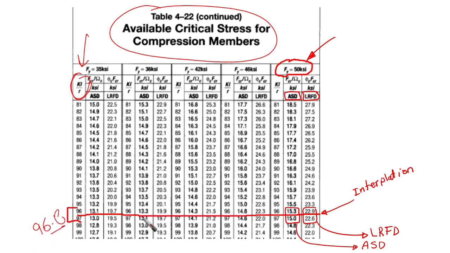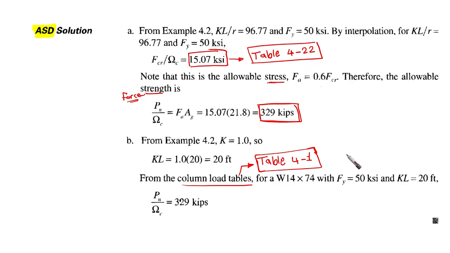Then we take the value of F yield equal to 50, and then instead of LRFD we choose ASD. Then you're going to find two values here, 15.3 and 15.0. By interpolation we can obtain the value in between. So this is what we have obtained here.